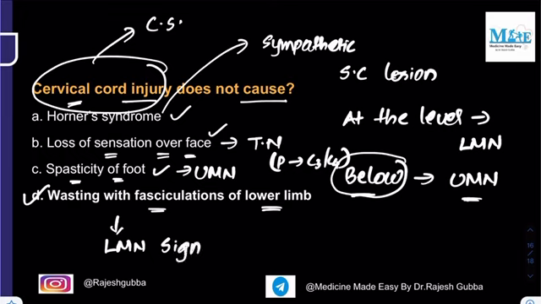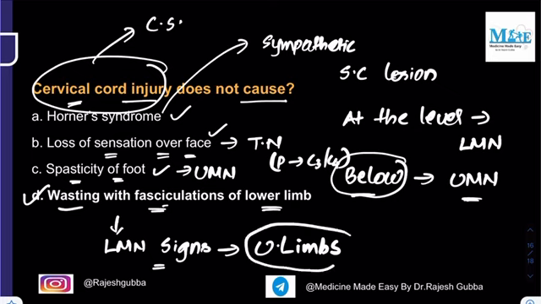Where will you have the lower motor neuron signs if there is cervical cord injury? In the upper limbs, not in the lower limbs. The question asked is, which of the following is not a true statement? So wasting and fasciculations of the lower limb is not a feature of cervical cord injury.